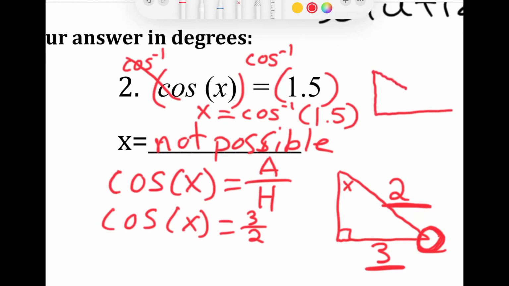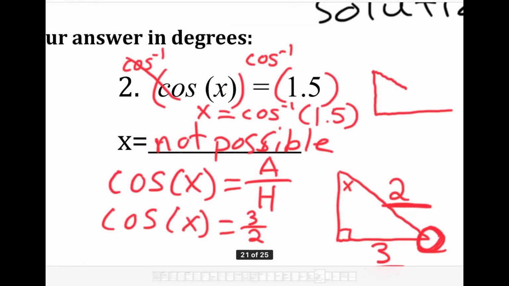It would look something like that, where the hypotenuse would never be able to touch the bottom leg. So again, the answer for number 2 is not possible. It doesn't matter how you look at it.